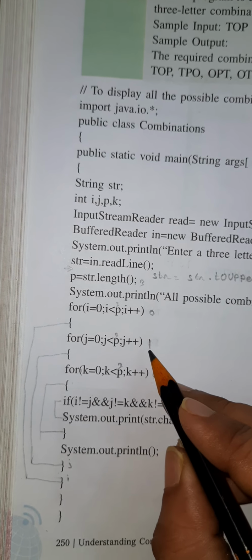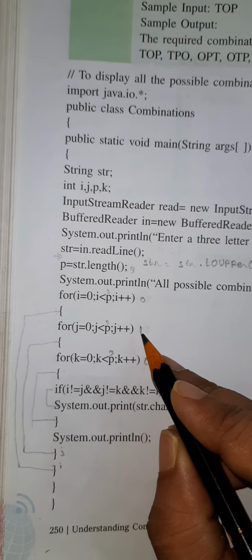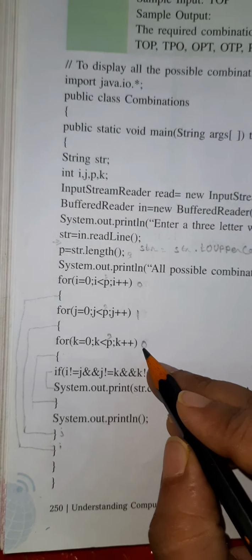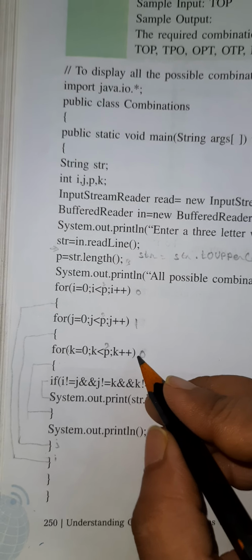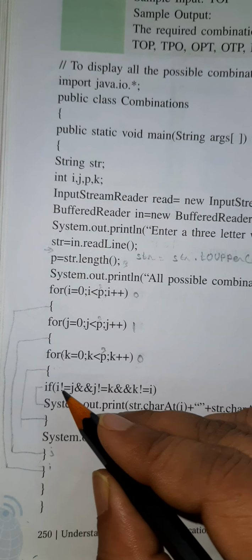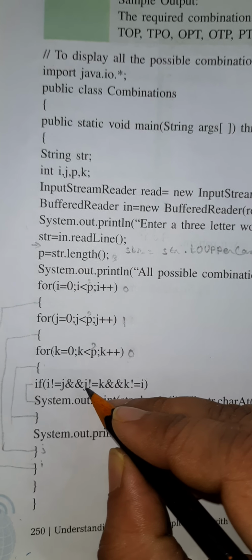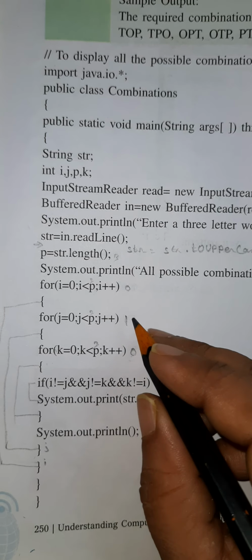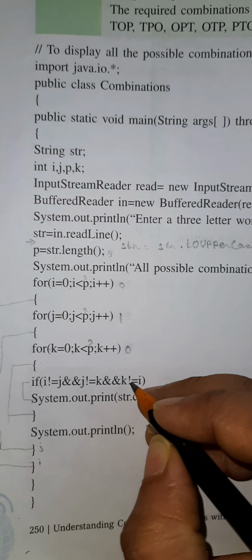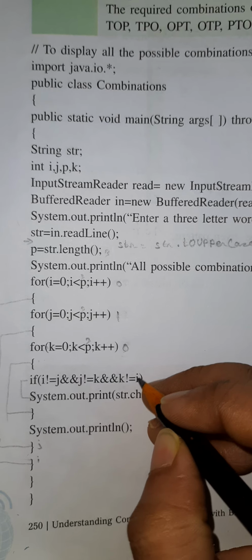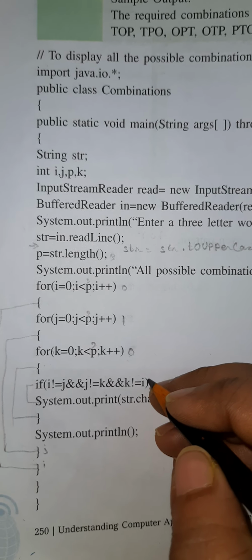So j is less than 3, i is 1, less than 3, condition true, it will come here. Here it is again starting from 0. In the first part, i is not equal to j, yes, the condition is true. Then j is not equal to k, yes, here also the condition is true. Here you see k is not equal to i, no, this condition became false because these two are the same.